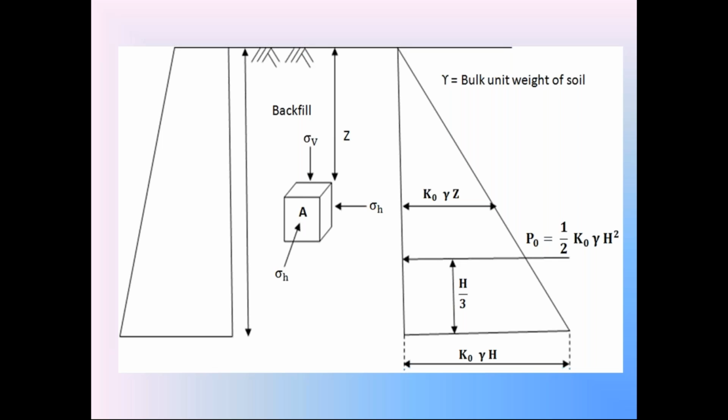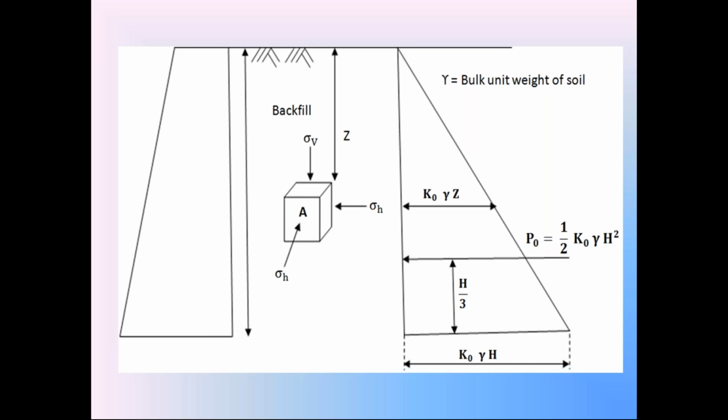In geotechnical engineering, the ratio between sigma h and sigma v, sigma h by sigma v, is called the coefficient of earth pressure. So this is an important concept. Please everyone remember this.